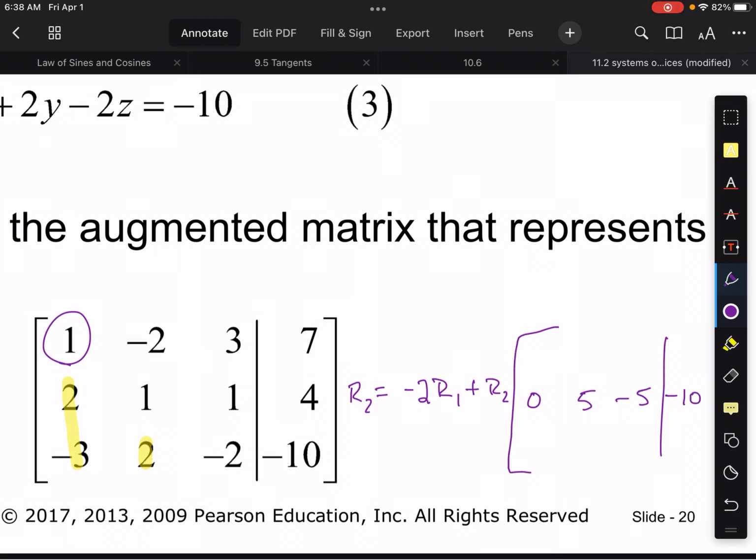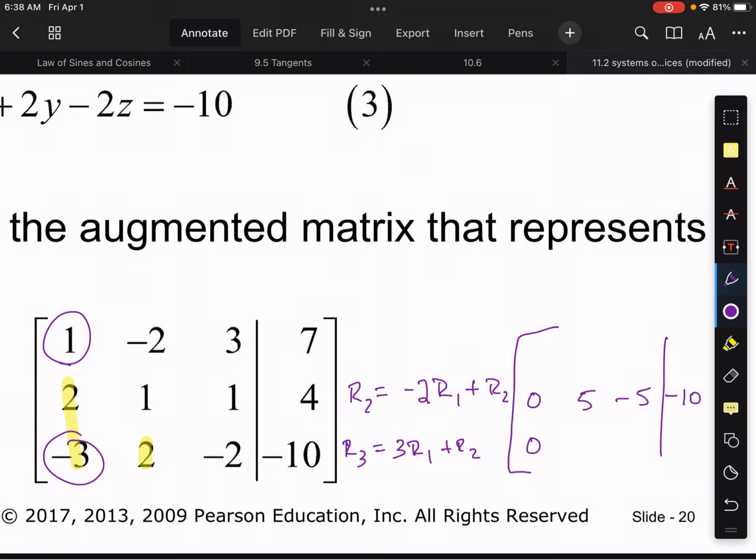But let's see if I can get a 0 on row 3 as well, since we're messing around here. So I would do kind of the same process. I think I would go 3 times row 1, right? Because I'm just trying to focus on this guy right now. So 3 times row 1 plus row 3. If I do that, I get 3 times 1, which is 3. 3 plus negative 3 is 0. That's what I was trying to do. And then 3 times negative 2 is negative 6.